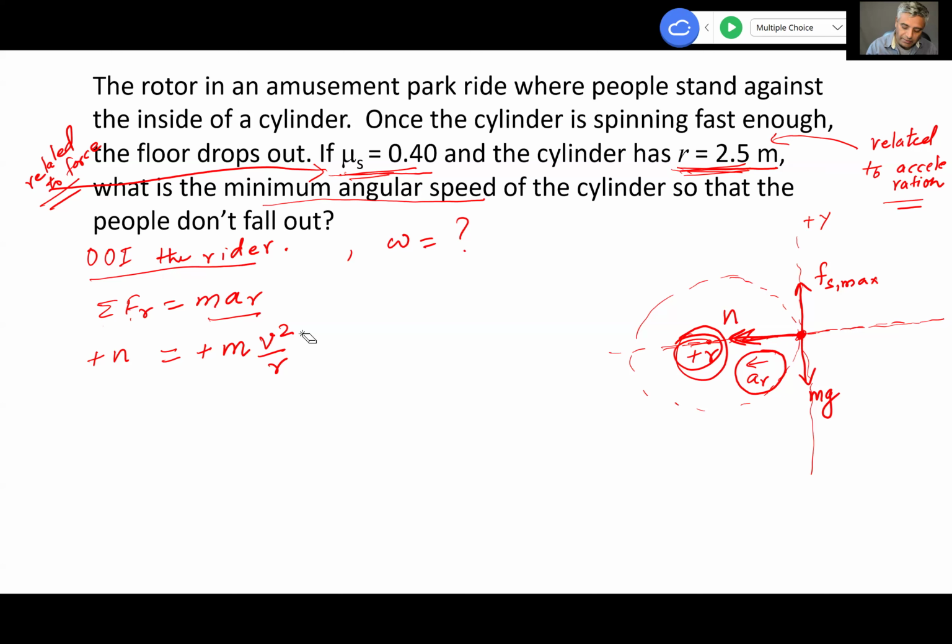So when we have that, remember we can write this in terms of angular speed as well. So m omega squared times r. This is angular speed, and this is not w. It is called omega. You read this as omega. Okay.